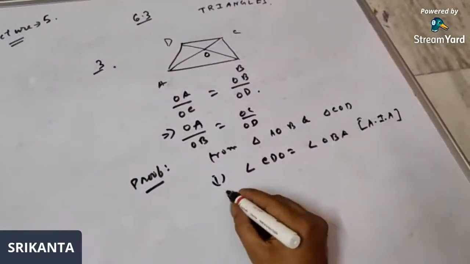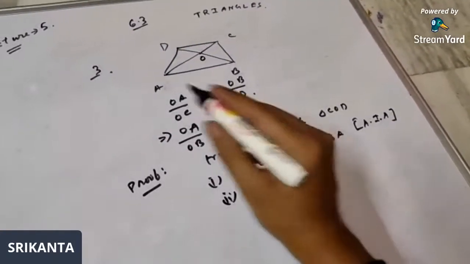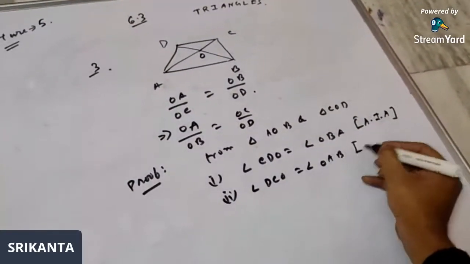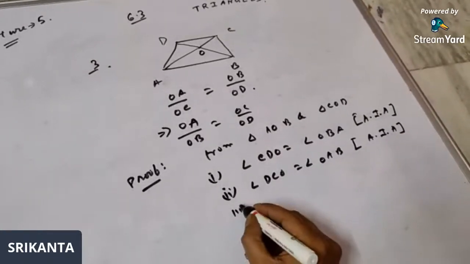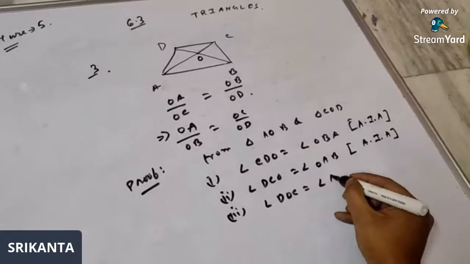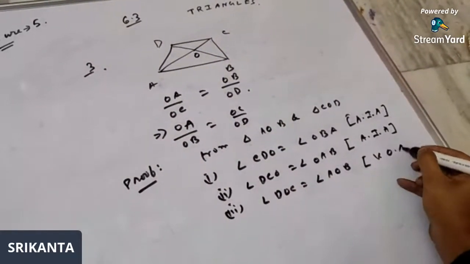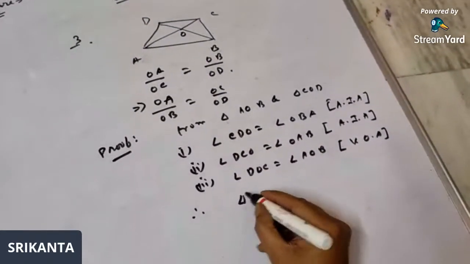Number two, angle DCO is equal to angle OAB. Again, they are alternate interior angles. And number three, angle DOC is equal to angle AOB. Why? Vertically opposite angles.